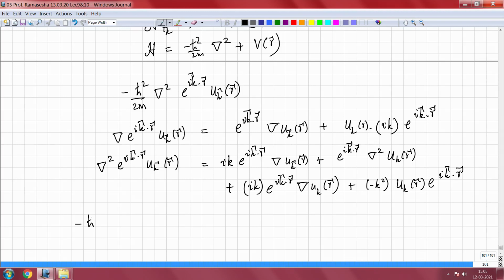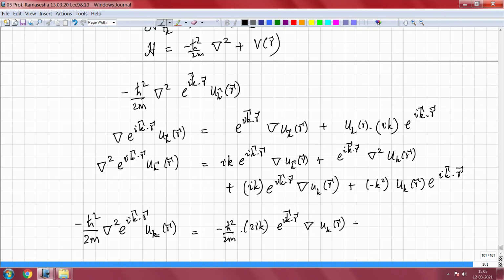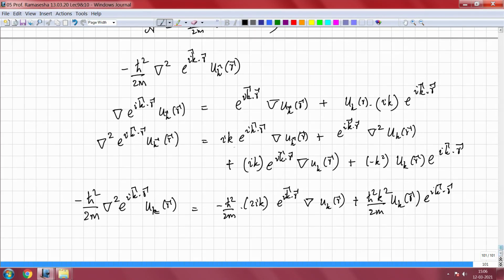So, minus h cross squared by 2m del squared e to the i k dot r u k of r will give me minus h cross squared by 2m times 2 i k e to the i k dot r del u k of r, plus h cross squared k squared by 2m u k of r e to the i k dot r, and then the term with del squared, minus h cross squared by 2m del squared u k of r into e to the power i k dot r.